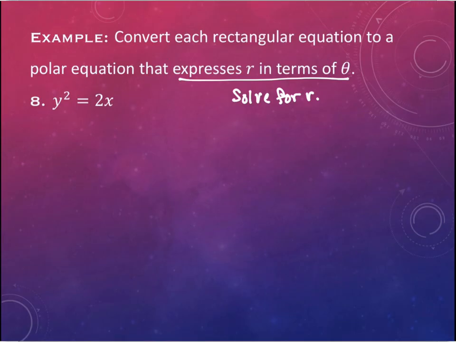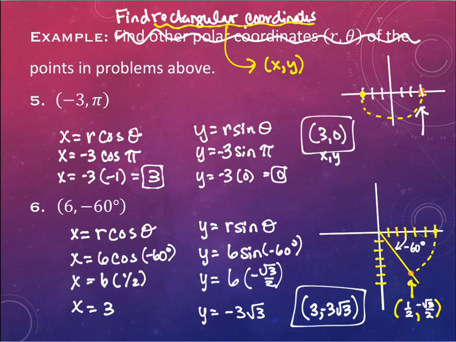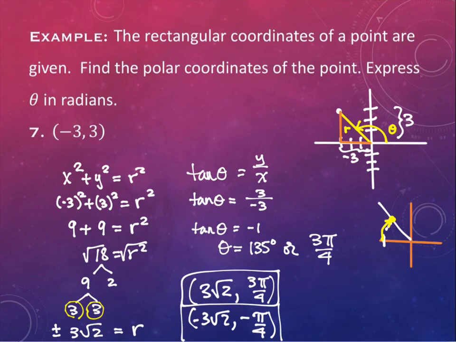All right, so taking a look over here, we've got y squared equals 2x. What can I replace the y with in this equation? We used it over here. What is y? Y is r sine theta, right? Now, I know we have a y squared in a formula as well. It's like right here.